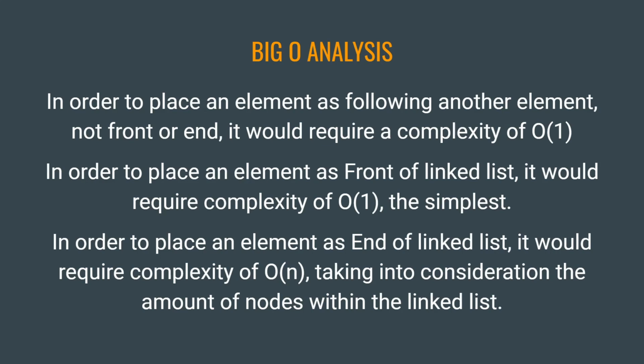In order to place an element as front of the linked list, it would require, again, a complexity of order 1. And then in order to place an element as the end of linked list, it will require a complexity of order n, which is more complicated than order 1 at least, because it has to take into account the amount of nodes within the linked list, which requires you to iterate through, know how many elements you have, which does require more complexity in that case.